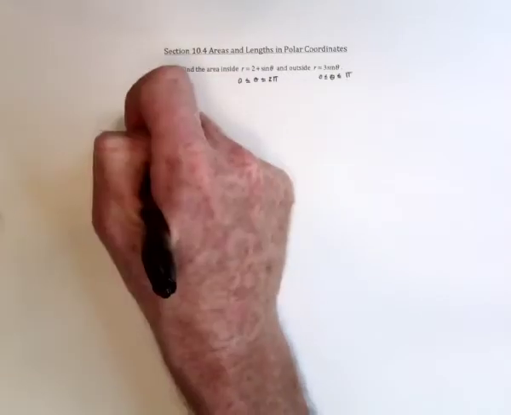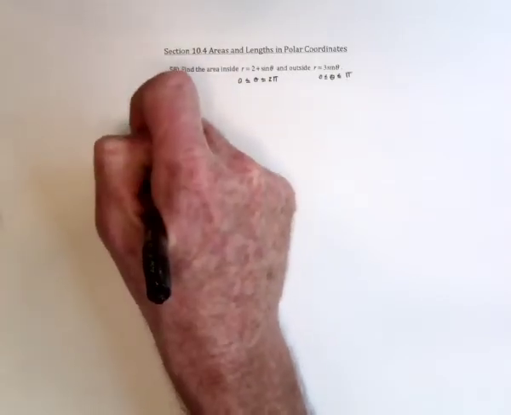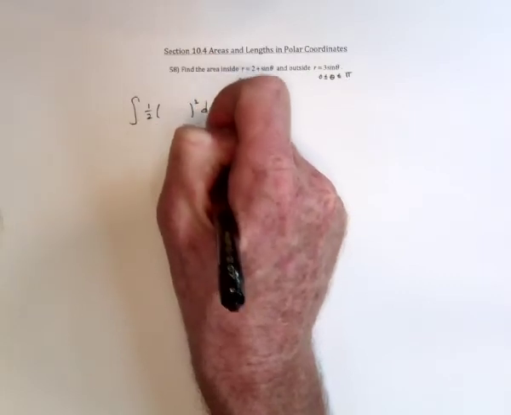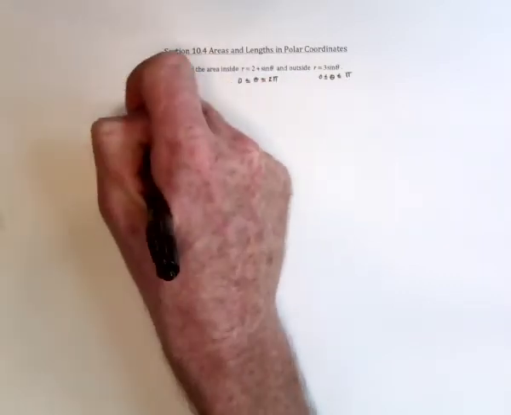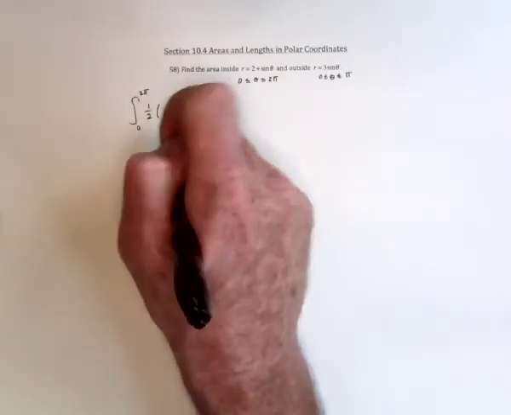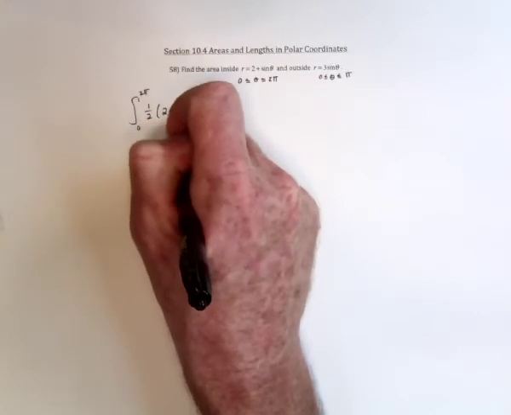So we'll have the integral of 1/2 r squared from 0 to 2 pi for the big one, and r for the big one is 2 plus sine of theta.